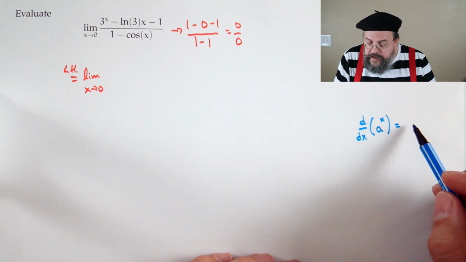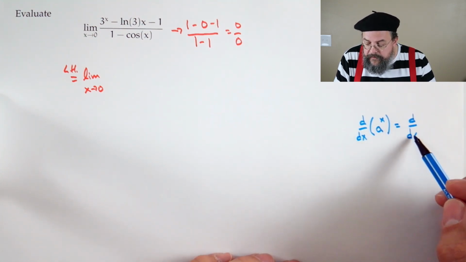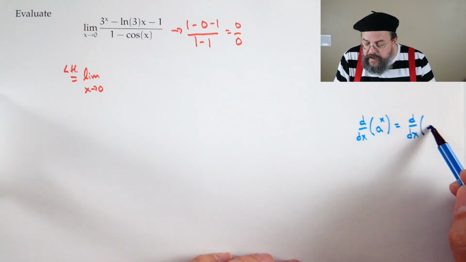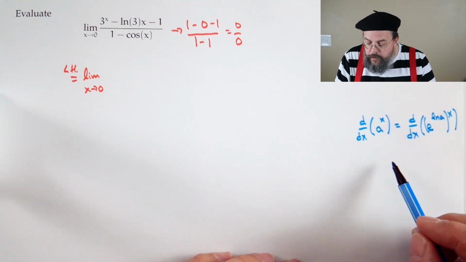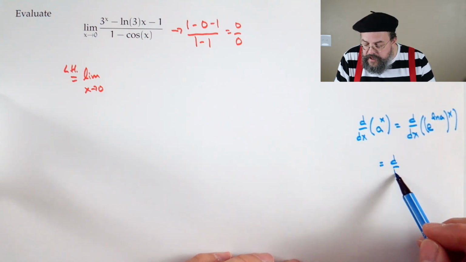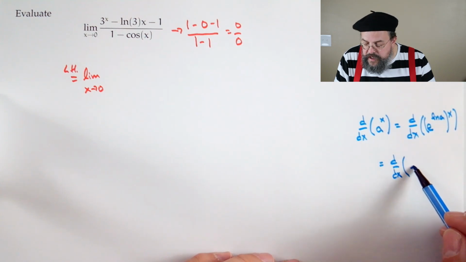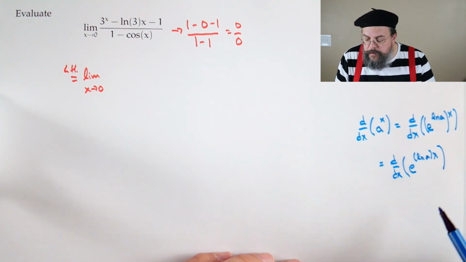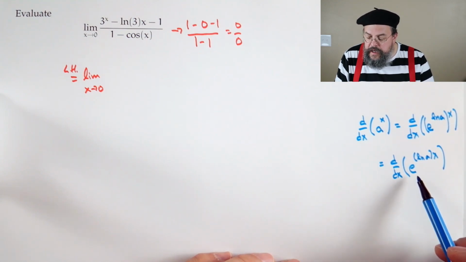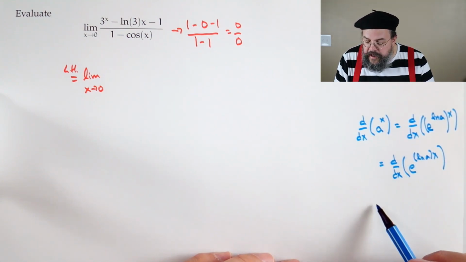So it turns out, this is a nice fact, that if I have a number a, that's e to the log of a. So this is e to the log of a, to the x. Or, properties of exponentials, this is the derivative of e to the (log of a times x). We say, well, hey, e to something, that has a simple derivative.